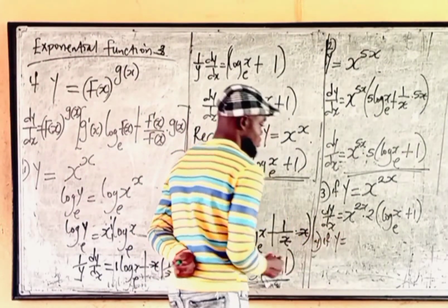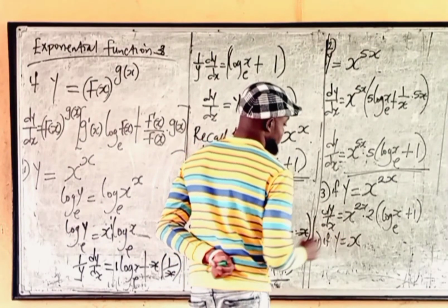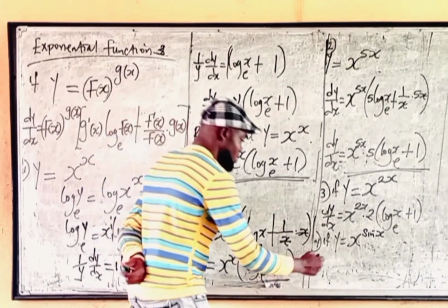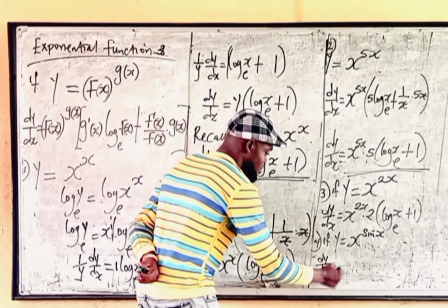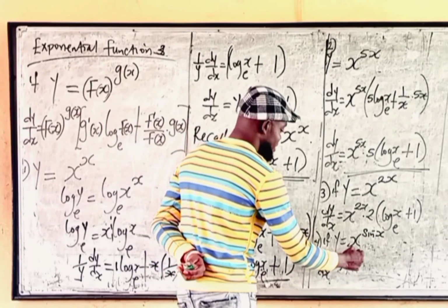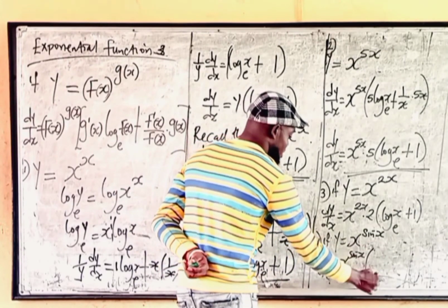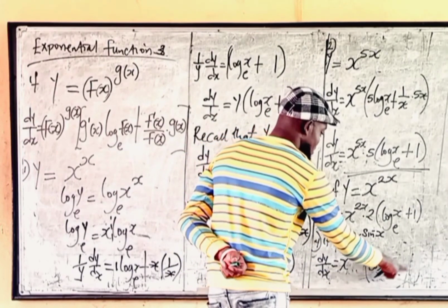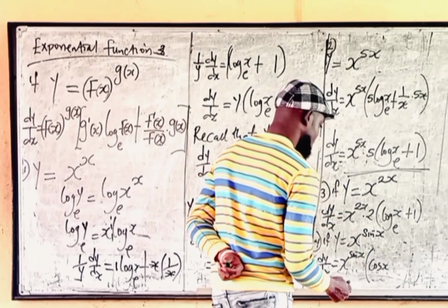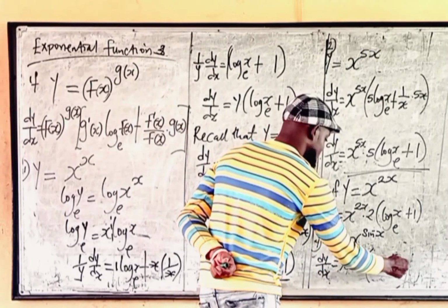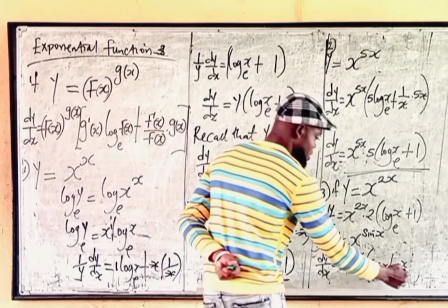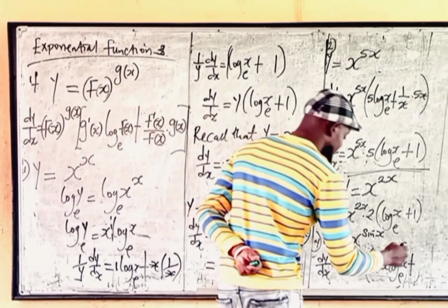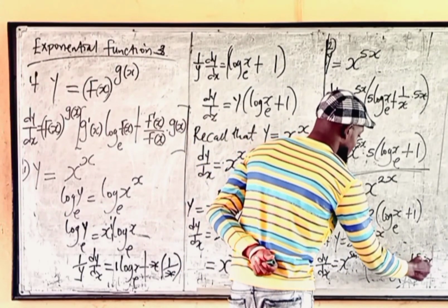If y is equal to x raised to power sine x. Very good. x power sine x. So the answer, dy over dx, is going to be x power sine x, then times cos x log x to base e plus sin x over x.